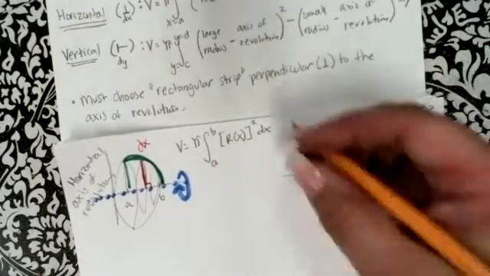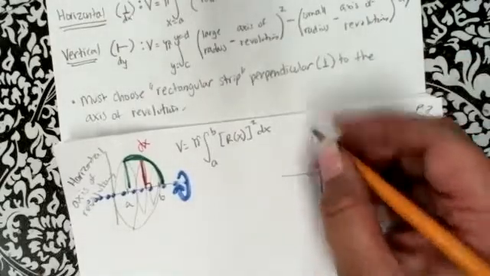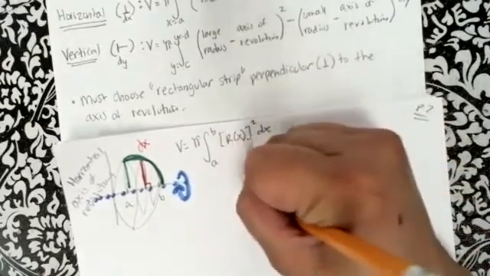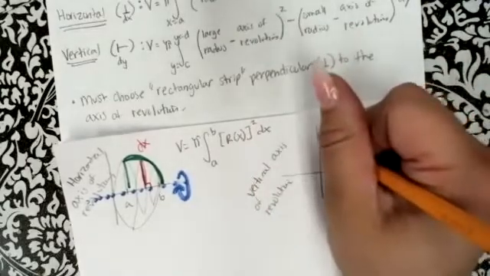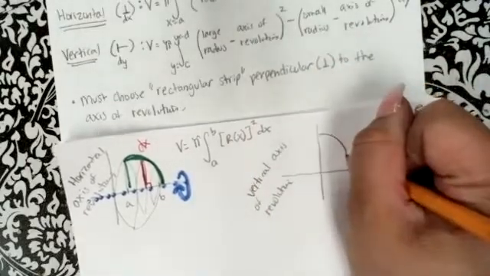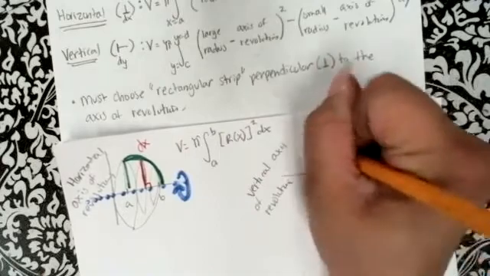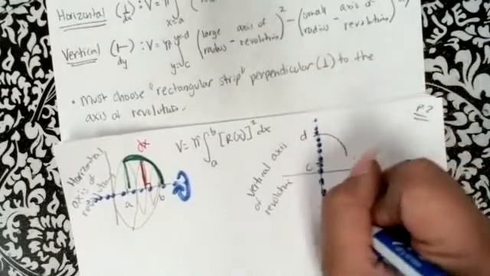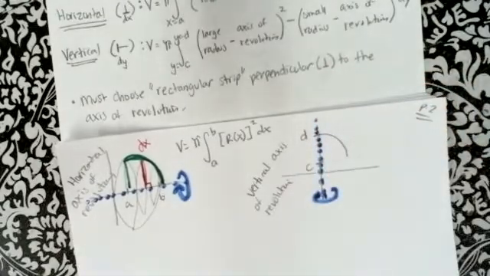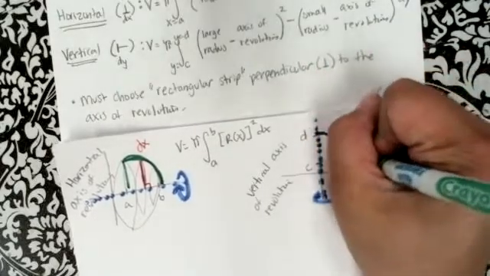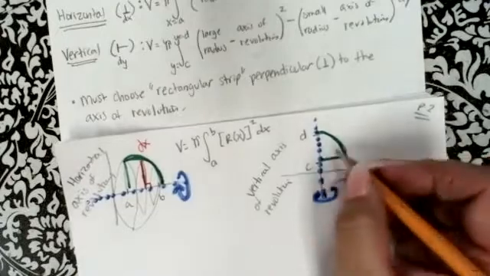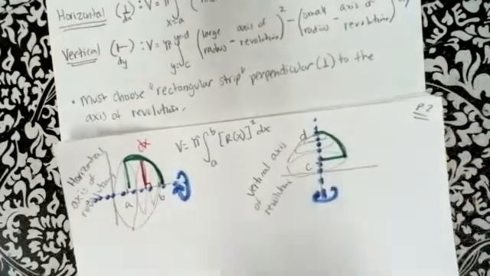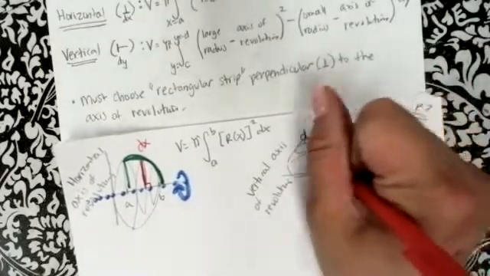Now this one here, I'm going to show you a vertical. Now a vertical one would look like this. So here's my axis of revolution, and I'm rotating it like this. Here's my graph. And remember that it's perpendicular to the axis of revolution.